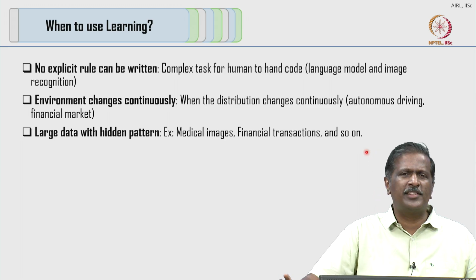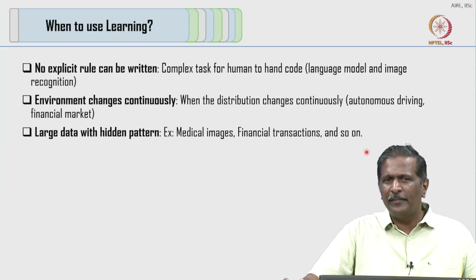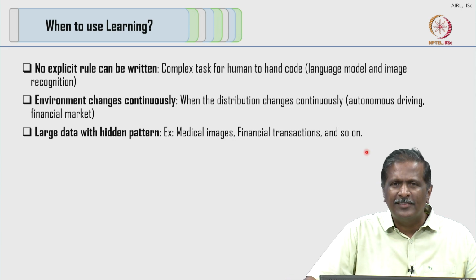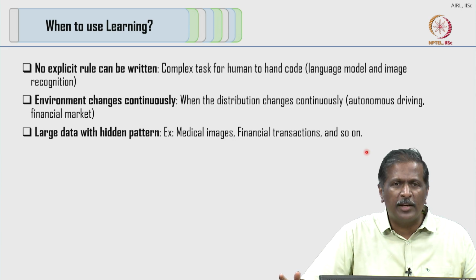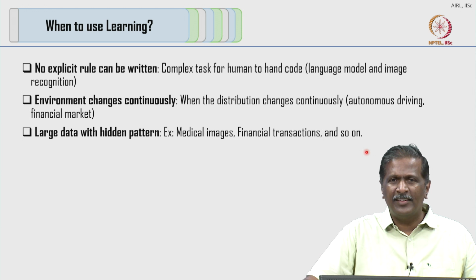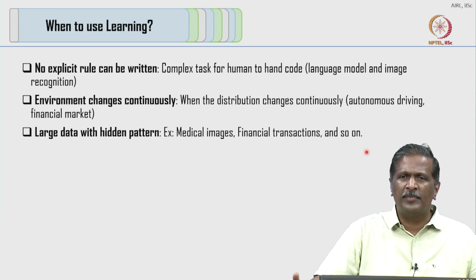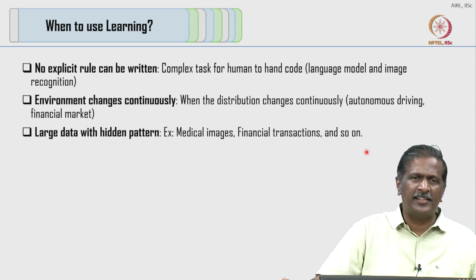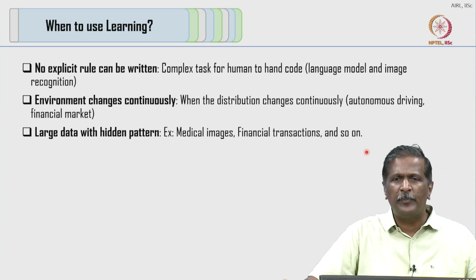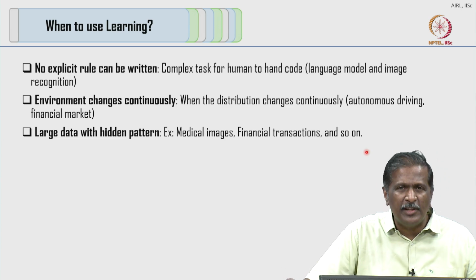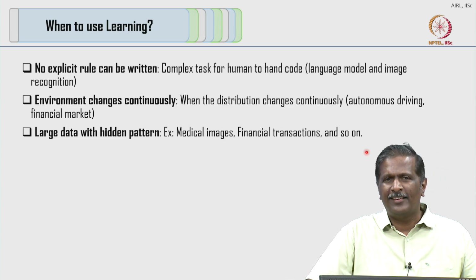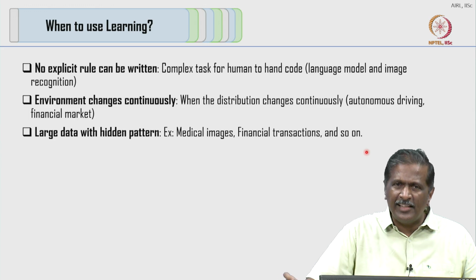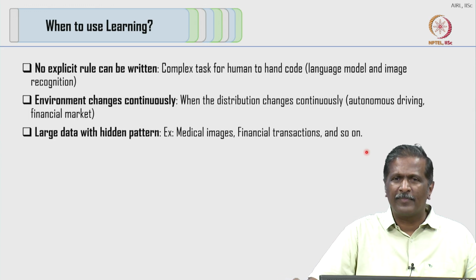There is large data, and it is very difficult to extract and keep the rules. There are hidden patterns which I am not able to figure out, right? There are financial transactions; historically I stored all the financial transactions of one particular shop. I want to find out the hidden information from there. I want to extract the relationship. I want to identify the anomaly.